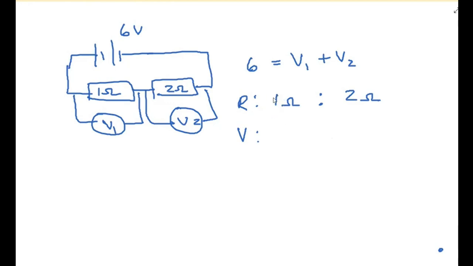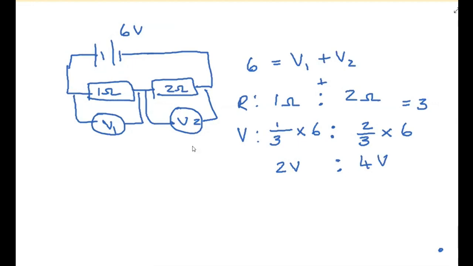The total of my ratio is 3, because it's 1 plus 2. This is going to get 1/3 of the total. And this one is going to get 2/3 of the total. So this one is going to get 6/3, which is 2 volts. And this one will get 4 volts. So that would be 2:4. But can you see again, it's still in the ratio of 1:2.